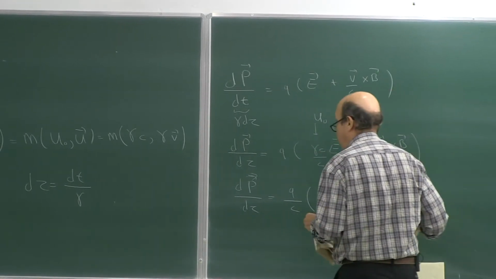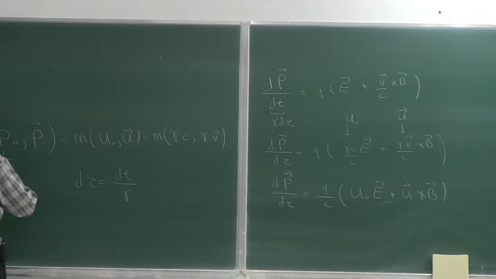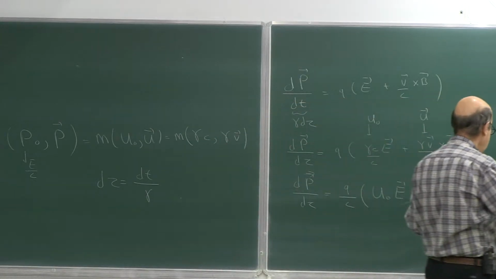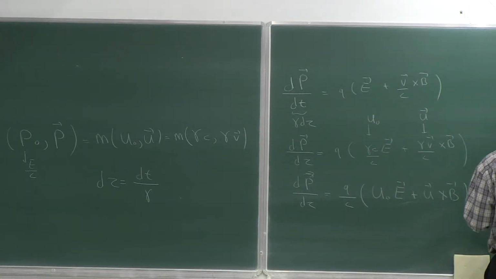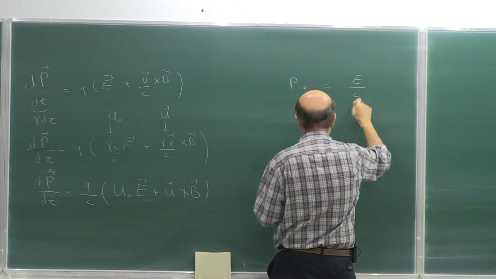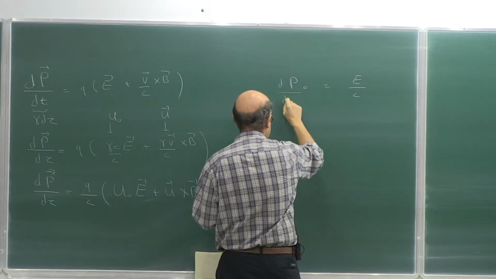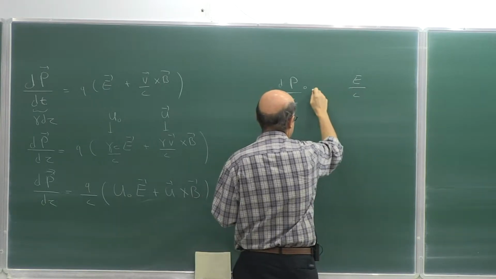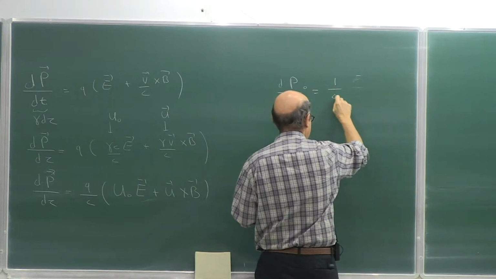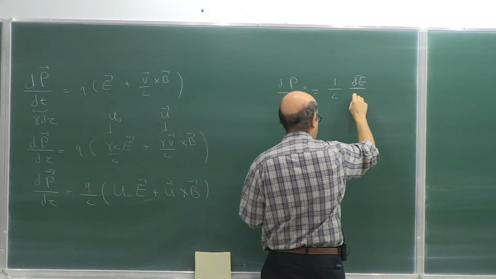What about the time coordinate, or the first coordinate, of the four-momentum? Basically p0 is E over c, and if you write the differential form and take the derivative with respect to the proper time, that will be 1 over c dE over d tau.